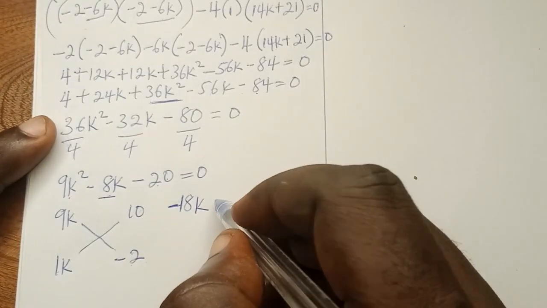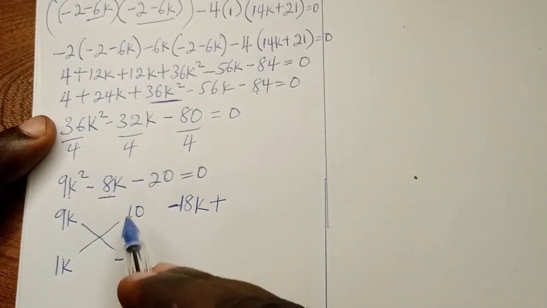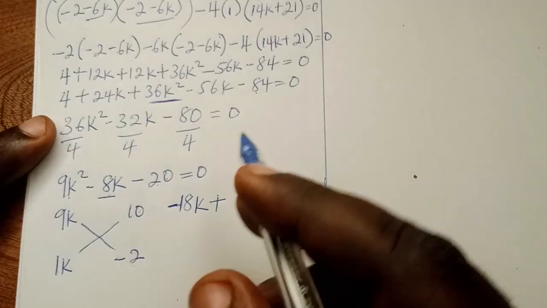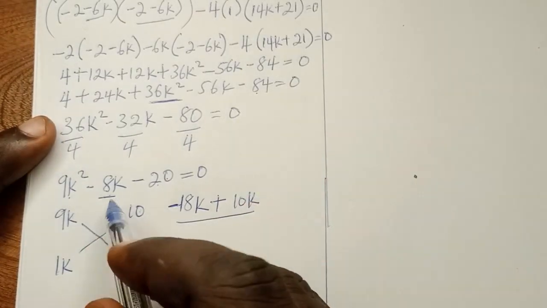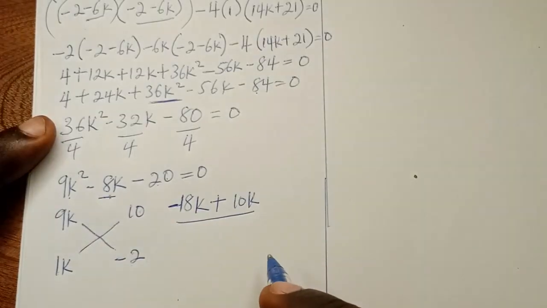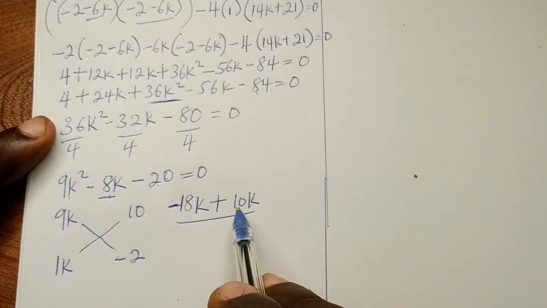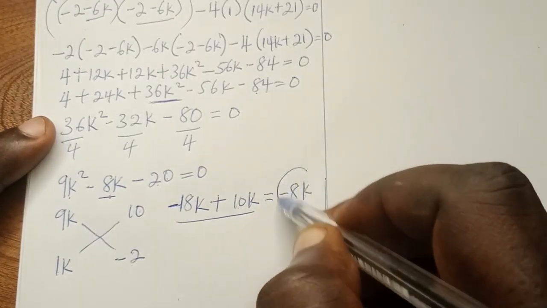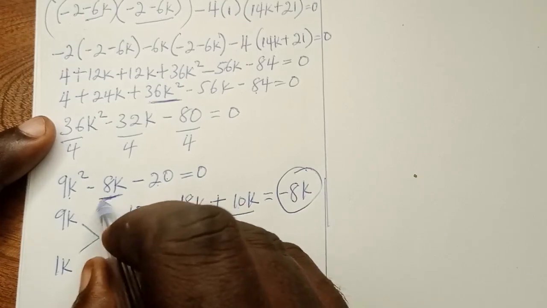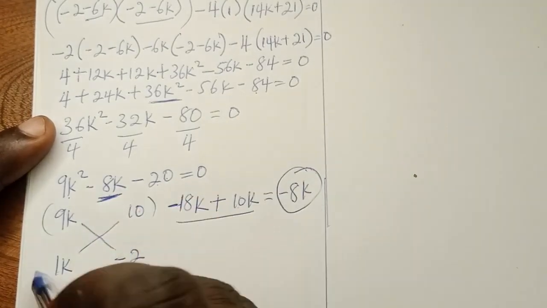Then plus, let's take this side now, 10 times k, 10k. If this expression is able to give us this center, then the factor will be correct. Minus 18k plus 10k is going to give us minus 8k. So it has given us this one, which means that this factor is correct.